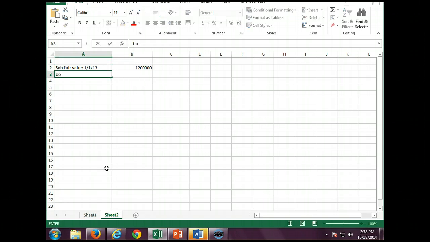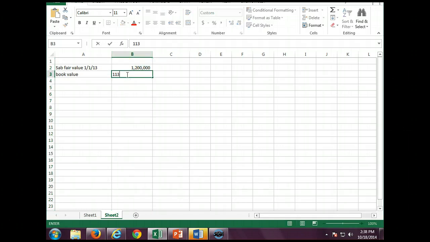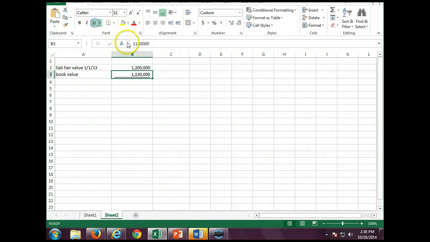What's the book value? $1,130,000. What's the excess? $70,000.